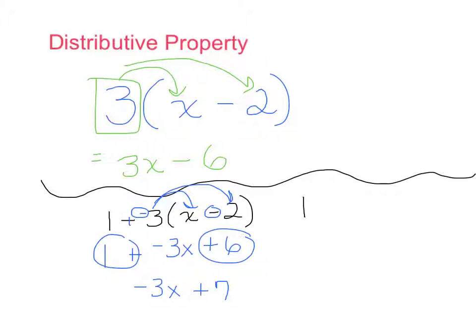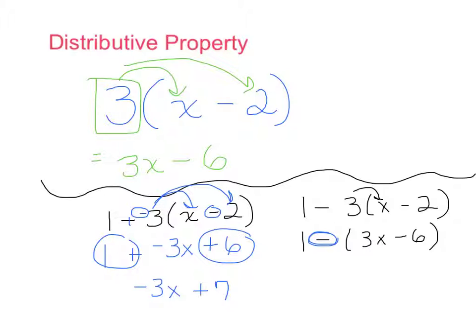Another way of thinking about this is 1 minus 3 times x minus 2. If I distribute the 3, I get 3x minus 6. But because I have this sign here, it needs to change this sign and this sign. So this becomes negative, that becomes positive.